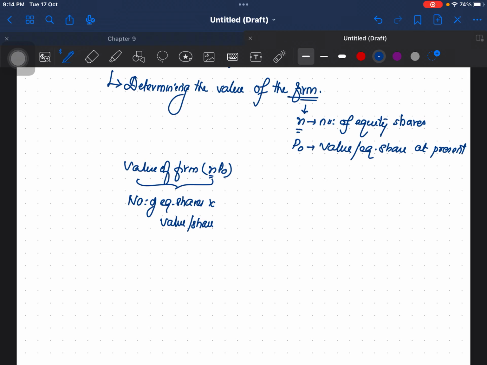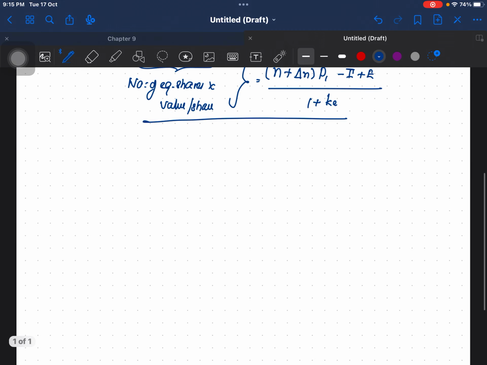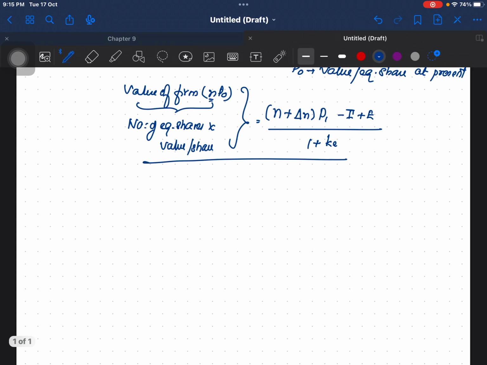It is equal to (N plus delta N) into P1, minus (I plus E), divided by (1 plus Ke). It's a beautiful formula. Now we are going to learn about the derivation of this formula and see how it is derived.